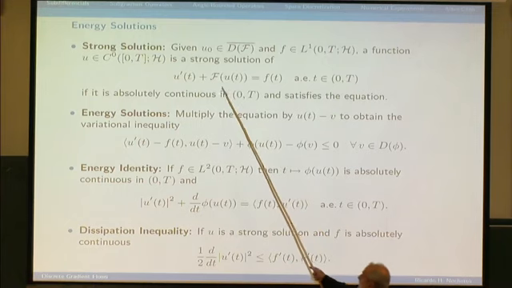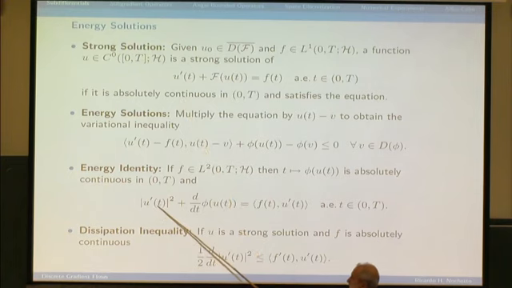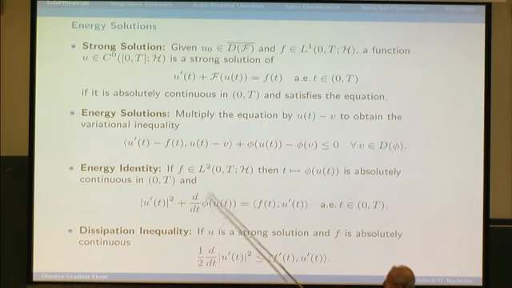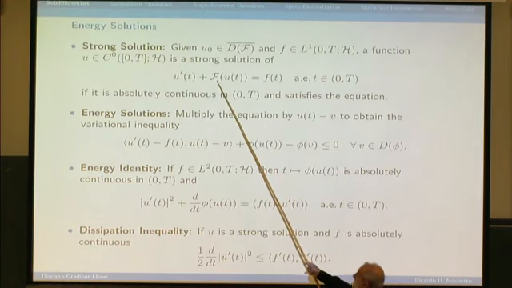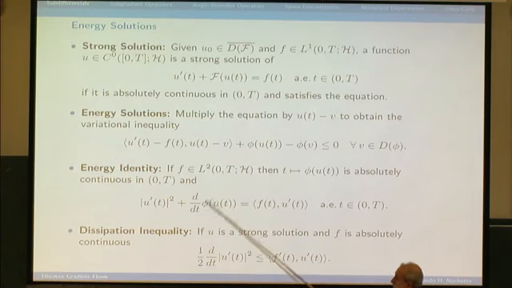Multiplying this equation formally by u prime, you get this formula, u prime in the norm of the Hilbert space, which I write with 1 bar square, and formally here you get the subdifferential of phi of u times u prime, which you can write in terms of the chain rule. Of course, it requires proof, as the time derivative of phi of u.